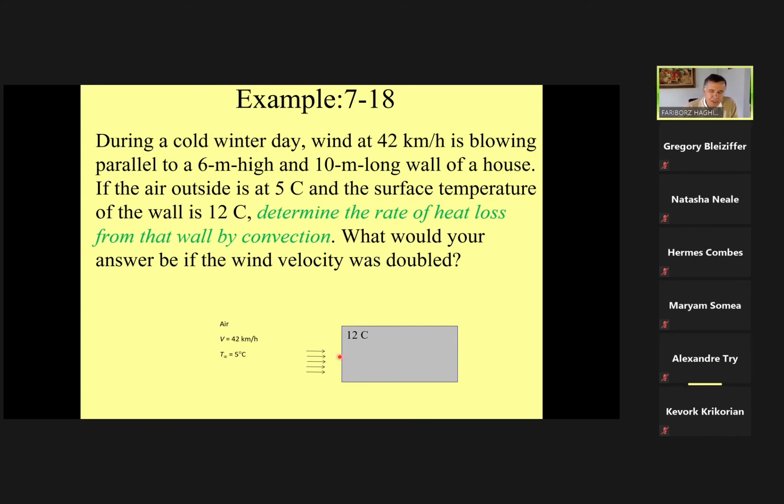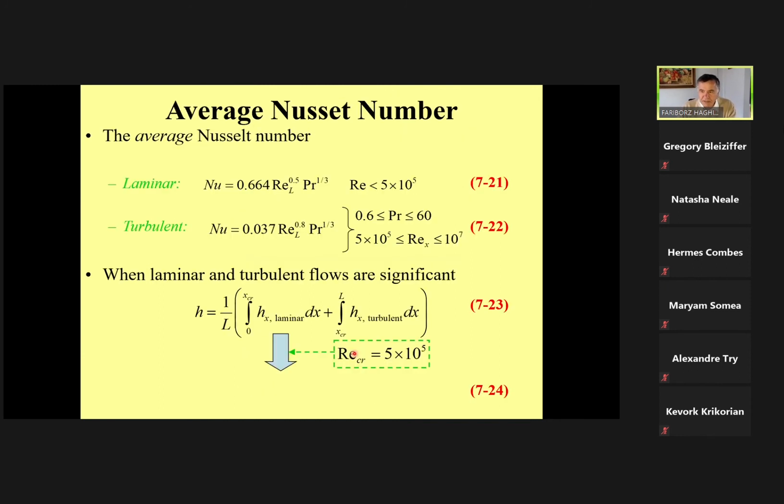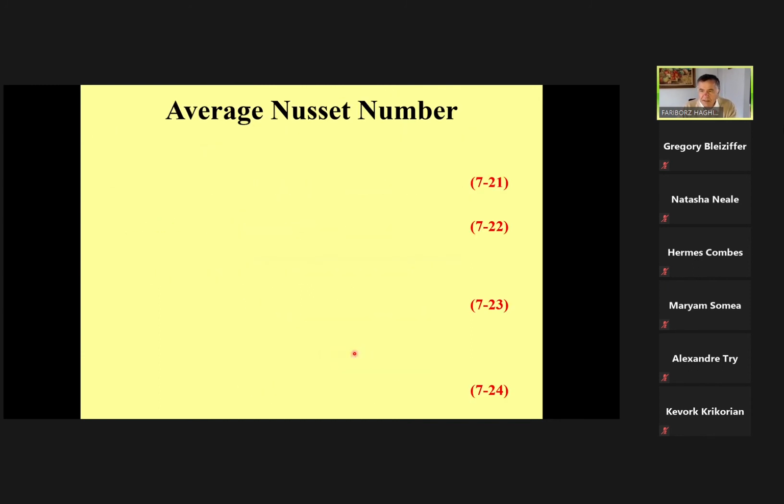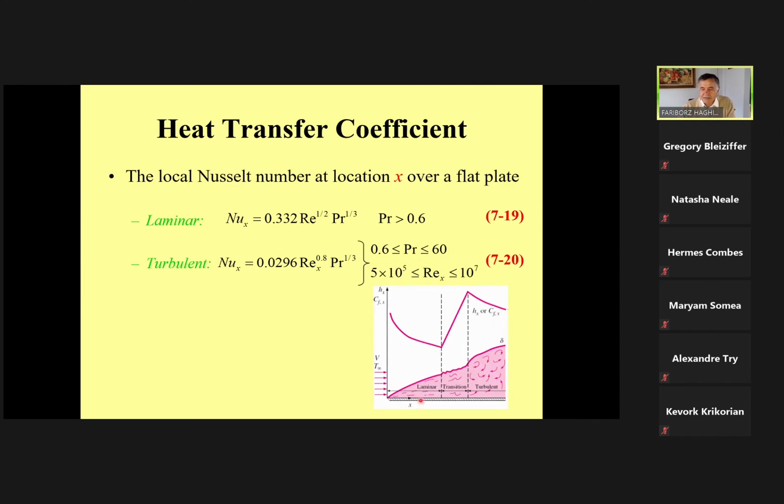Okay, please check. Let me go to the other picture, it's easier to visualize. From here to here is 10 meters. The first 30 centimeters you have laminar, and the rest is turbulent.